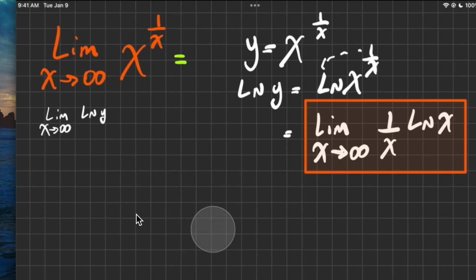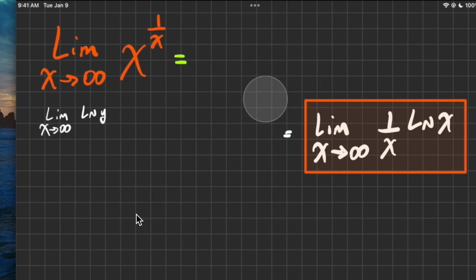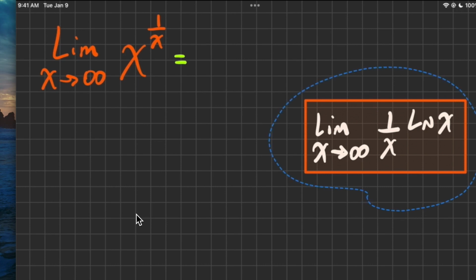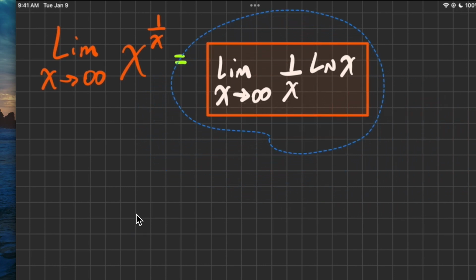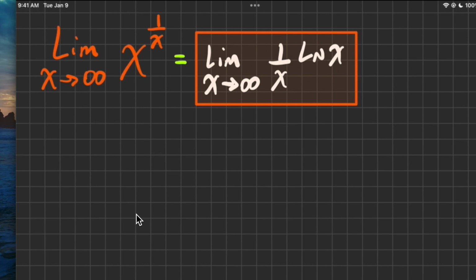Okay, so let's now focus on what's in this orange rectangle. We're going to forget about that and remember to exponentiate at the very end. Okay, so now if we plug in infinity into this x, first of all, I'm going to make this a fraction, which is a good start when you're trying to work with L'Hopital's.